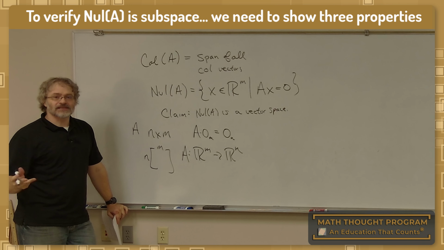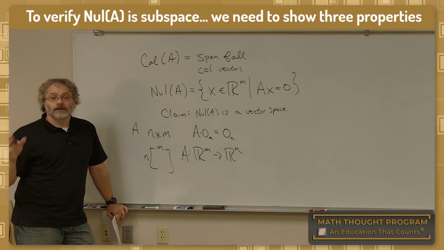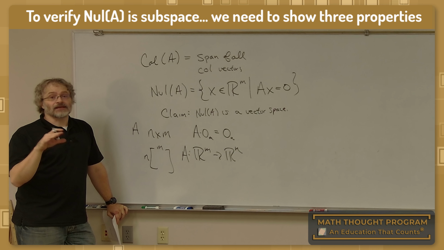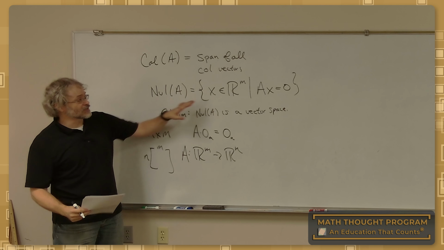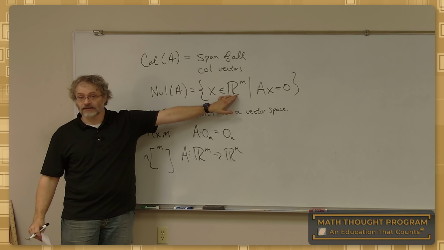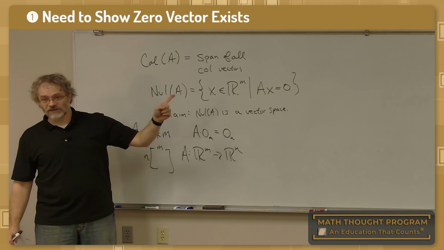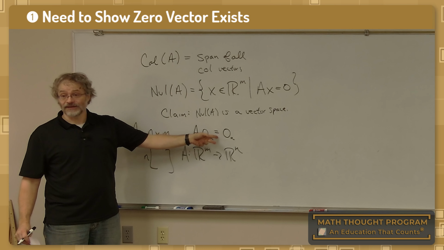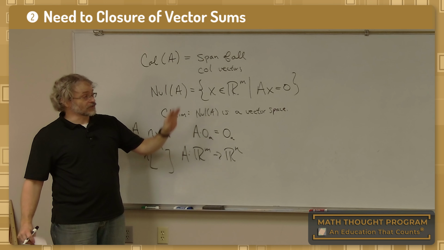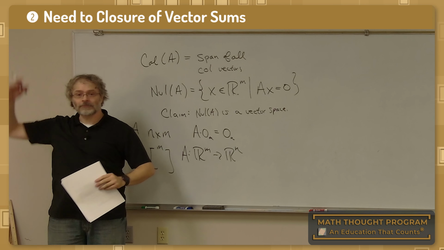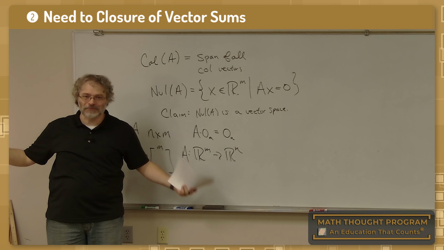Well, there's three things again that I want to show. By showing it's a subspace, it inherently shows it's going to be a vector space because this is embedded within that space. You got to show it has a zero vector. Done. I got to show closure. I have two vectors in the null space. I'm not going to pop out and escape the black hole.